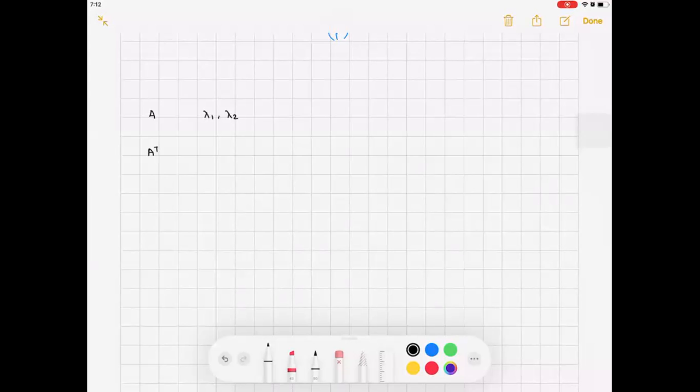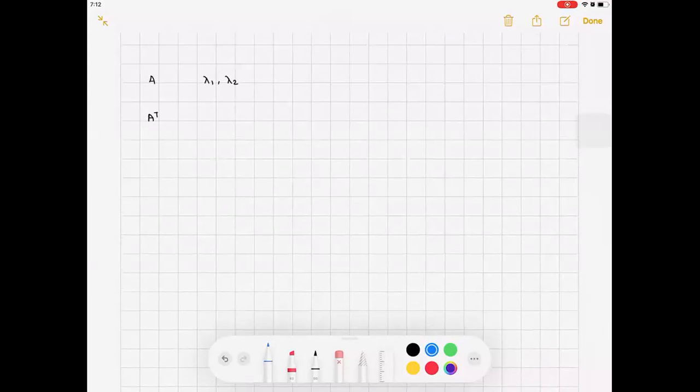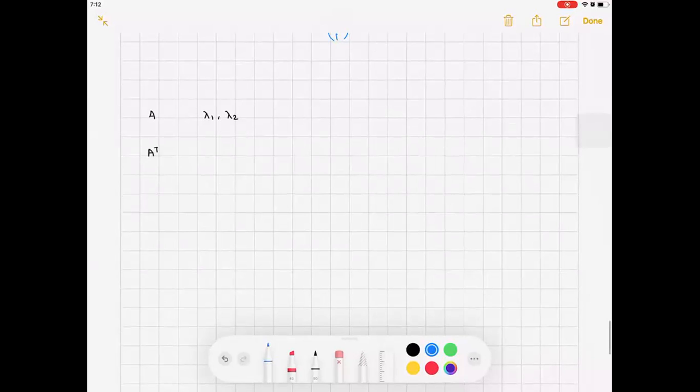So I will write the properties. If eigenvalues of A are lambda 1 and lambda 2, then eigenvalues of A transpose is also lambda 1 and lambda 2.